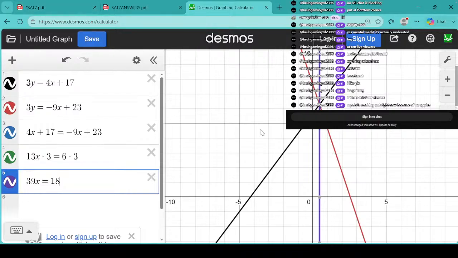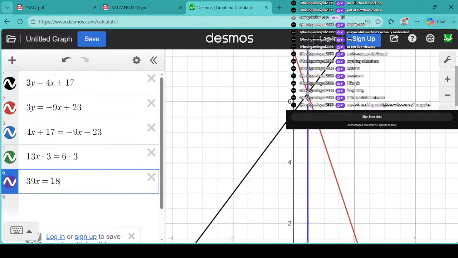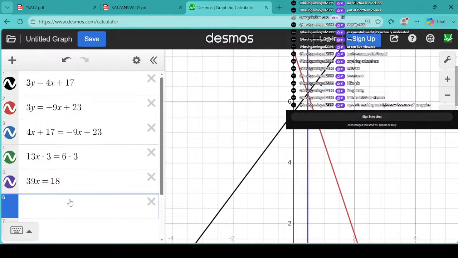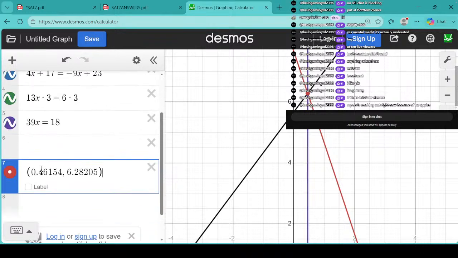Sometimes it's not the best to use Desmos because as you can see right here, they gave us this whatever that is. Sometimes those irrational numbers don't really round correctly. So I'm pretty hesitant to use them. Let's see if they actually do round correctly.